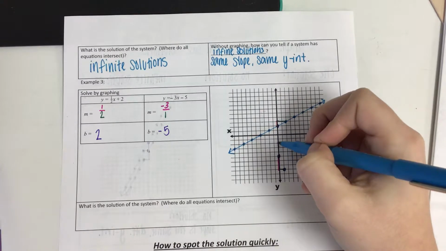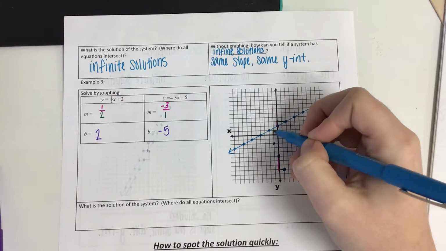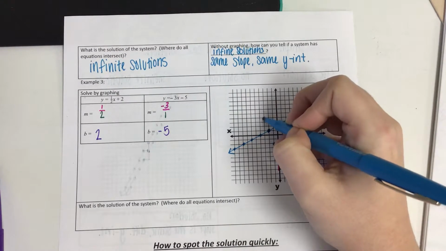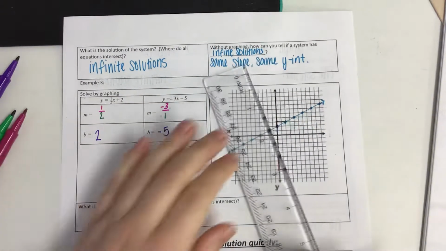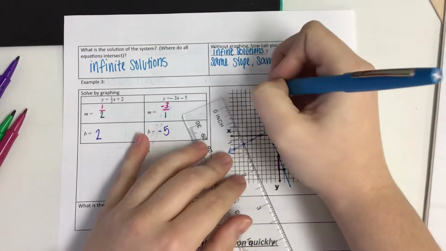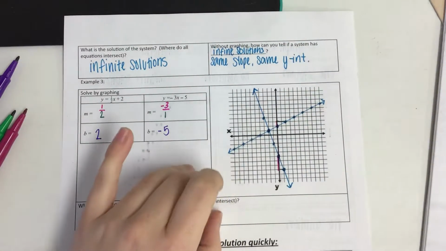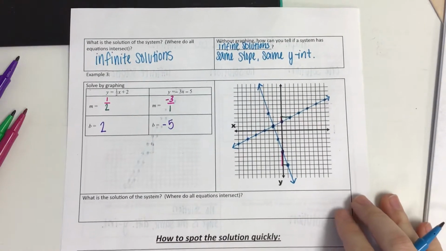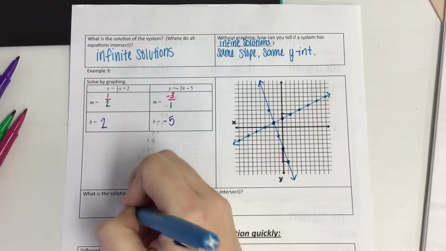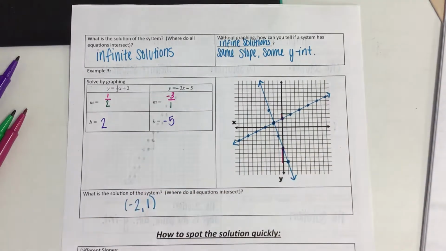We're going to go up 3, left 1, up 3, left 1. We see we intersect right there. So when it asks us what is our solution, where do they intersect? Our solution is this point, which is -2, 1.